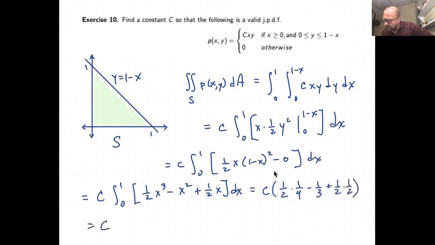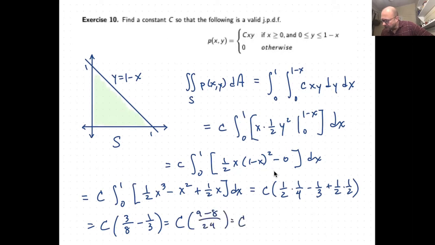So that's c times 1/8 and 1/4 minus 1/3. So 3/8 minus 1/3. Goodness. So 9 minus 8 over 24.